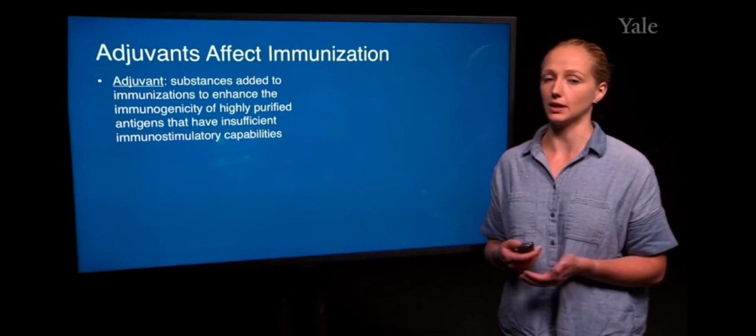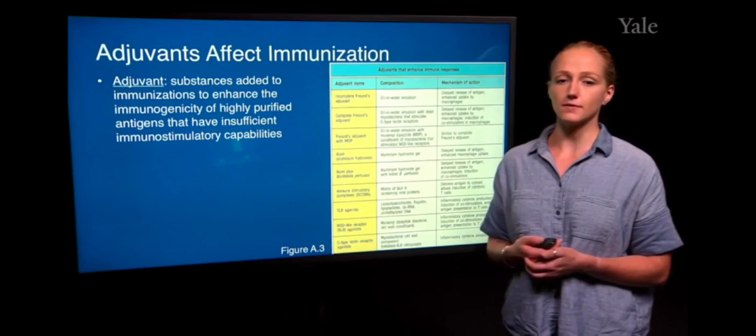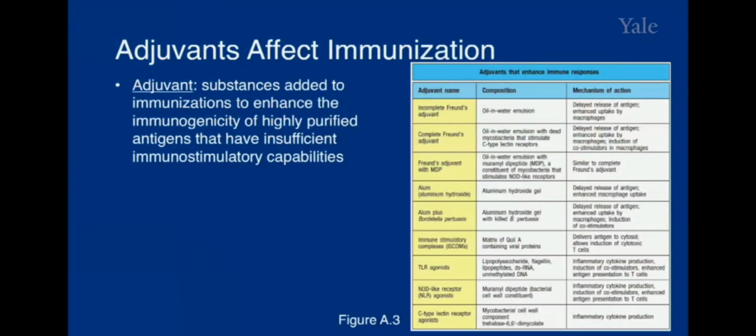So if you reference figure A3 in your Janeway textbook, there is a great chart that summarizes different types of adjuvants, their composition, and the mechanism of their action. I don't want to go through the details of this chart because you can do that on your own time.